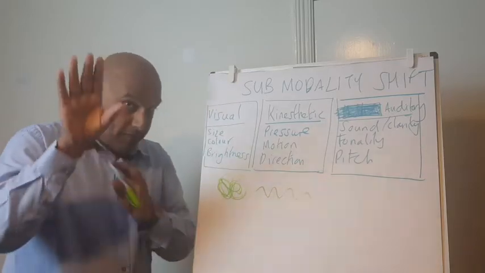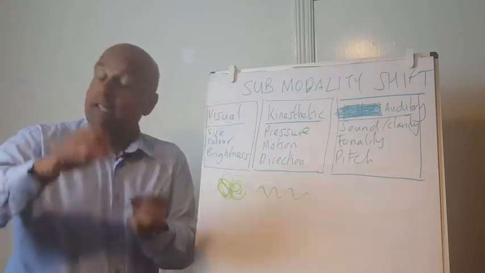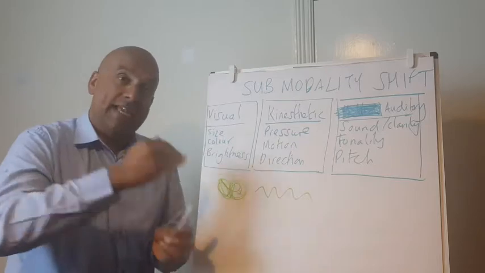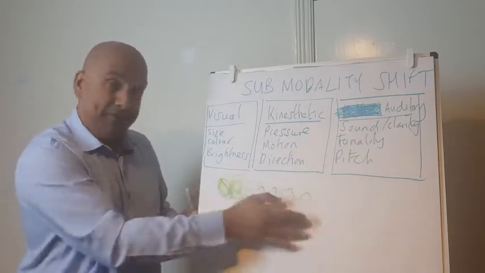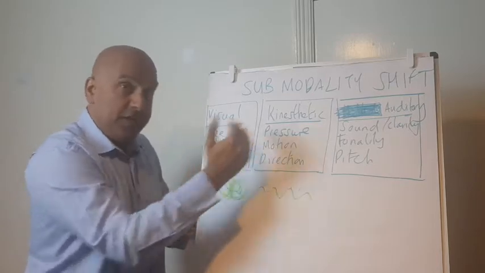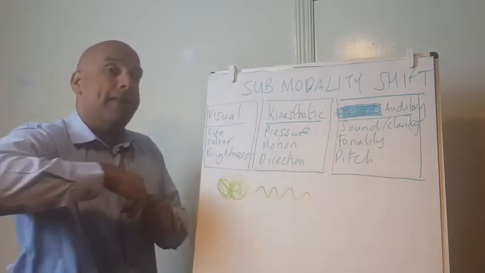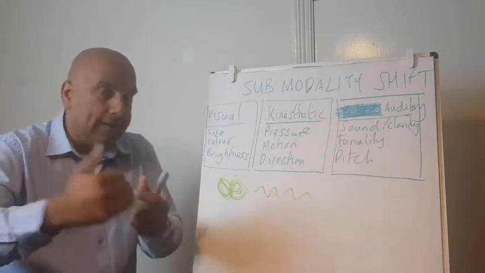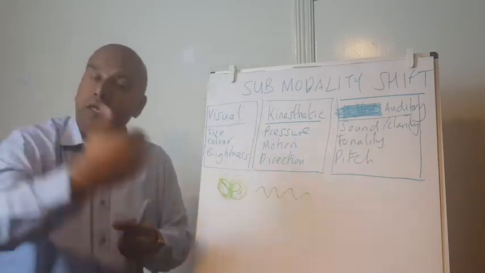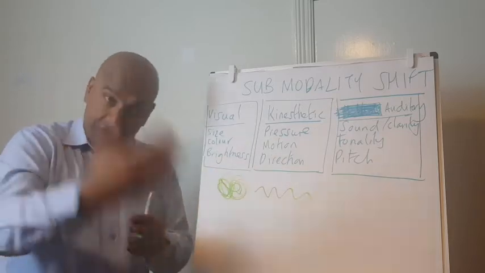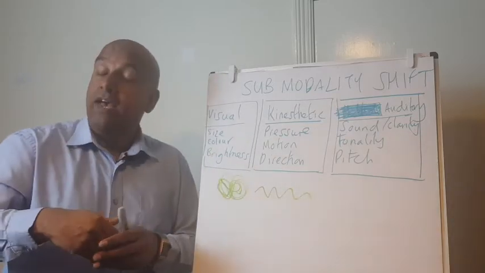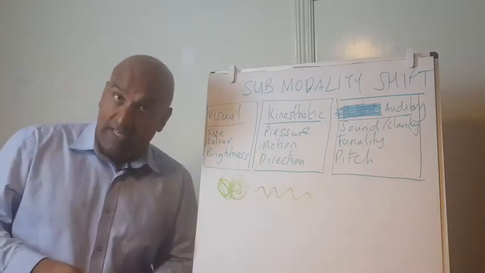So if you need to stop the video to start thinking about that, that's absolutely fine, because in the next bit I'm going to show you how you'll be able to shift away from these representations using the submodalities, and how you can then hopefully achieve a much more calm state, a much more relaxed frame of mind, and hopefully reduce or even eliminate the anxiety that you're feeling at the moment.